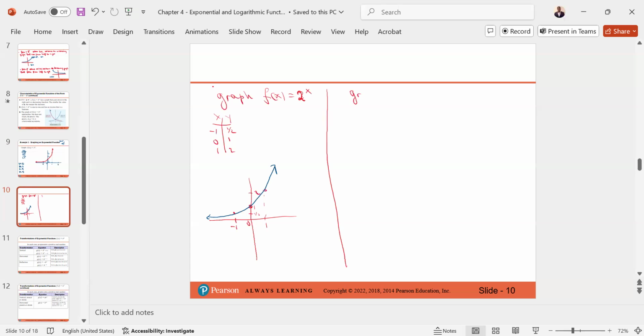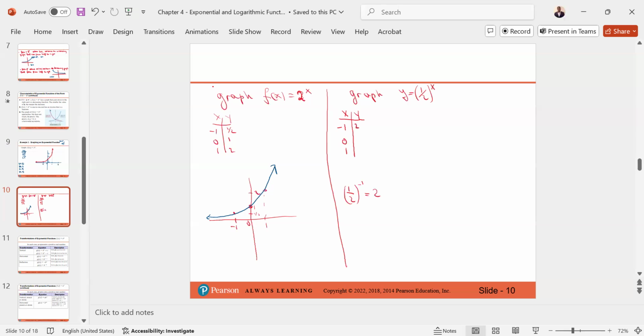If they ask you to graph y equal, or f of x equal 1/2 power x. Now, as you can see, b is between 0 and 1. So it's not greater than 1, but that means the graph would be a decreasing function. Okay, so if we take -1, 0, and 1, look, if I have 1/2 power -1, that would be 2.